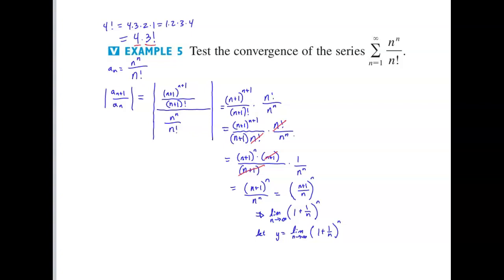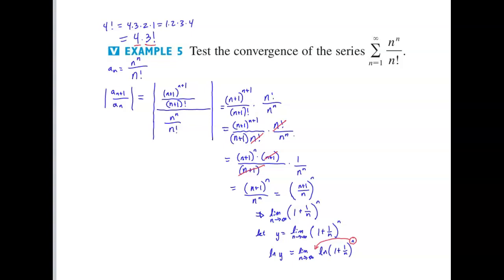So I'll say that ln y equals the limit as n goes to infinity of ln of (1 + 1/n)^n. And that opens up properties of natural log, one of which is if I have an exponent on my argument, I'm allowed to bring it down as a coefficient on the logarithm, right?